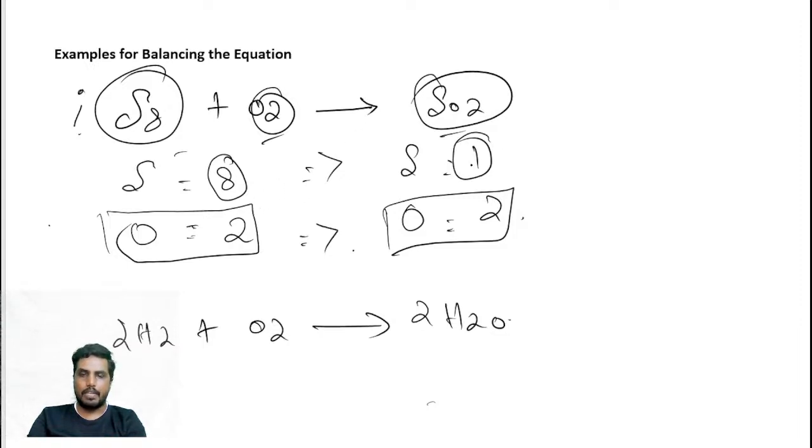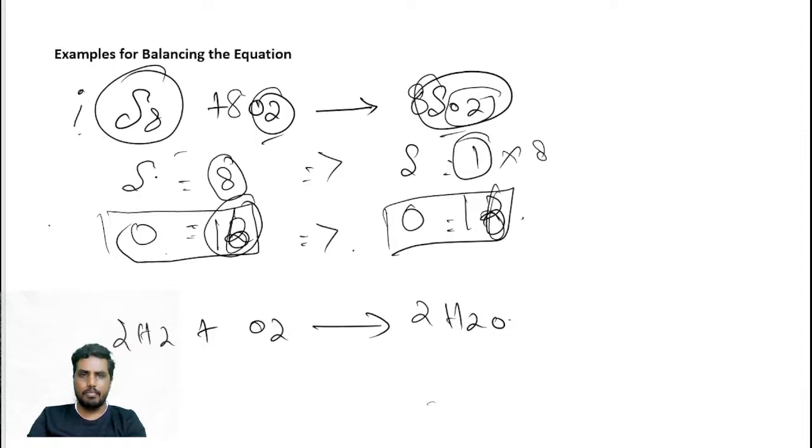On the right-hand side I have only 1 sulfur, so I will write 8. Now both sides match, but oxygen on the right is 8 into 2, which is 16, while the left-hand side has only 2 oxygen. So I will replace it with 8, which changes it to 16.